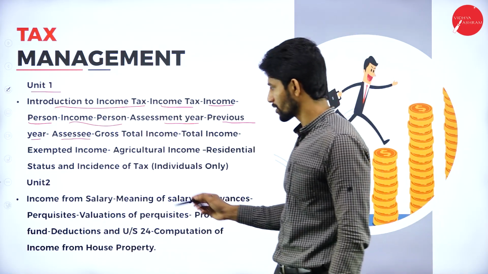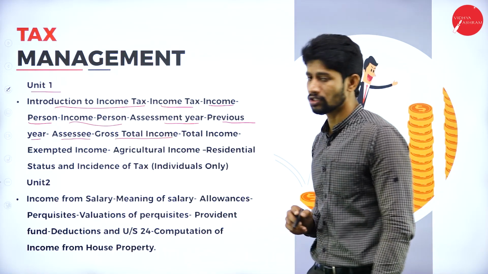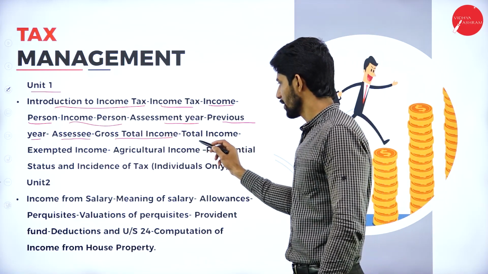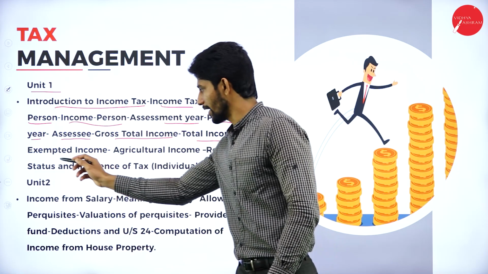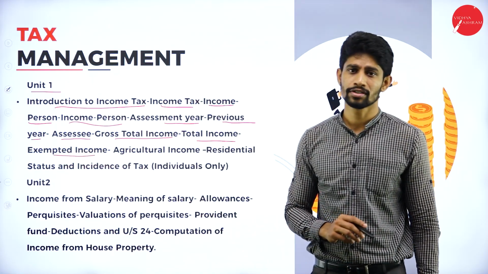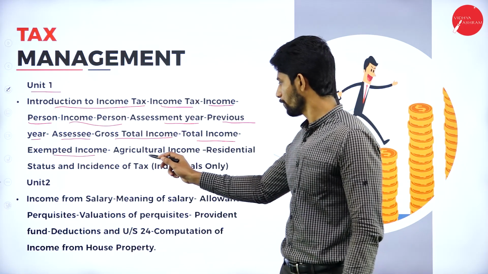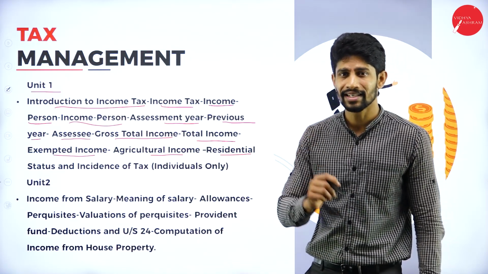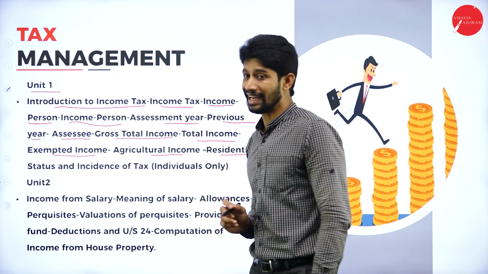We are going to study gross total income, the meaning of gross total income and total income, the exempted incomes which come under Section 10, the meaning of agricultural income, and the residential status with respect to an individual.